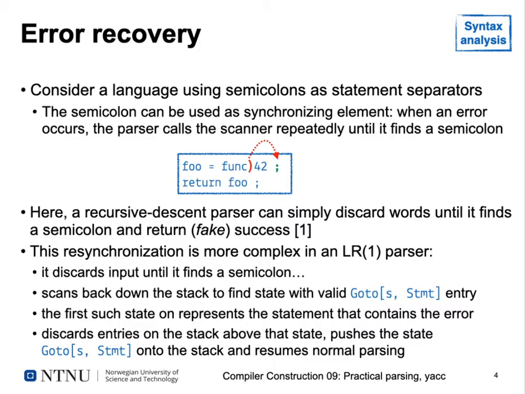So a goto, when an input symbol S is there, go to a certain statement. And the first such state represents the statement that contains the error. So this resynchronization in an LR(1) parser needs to discard entries on the stack above that state to push the state goto onto the stack and then resume normal parsing. So that's a bit more complex than if we would just do top-down parsing.